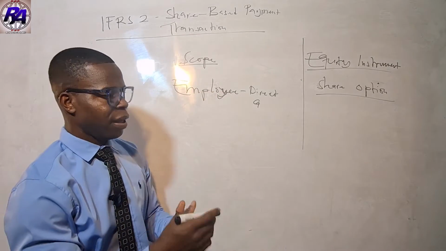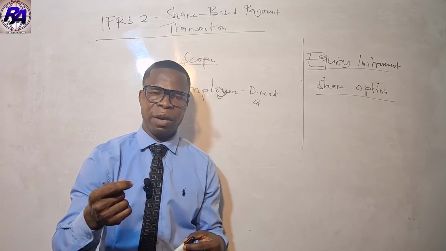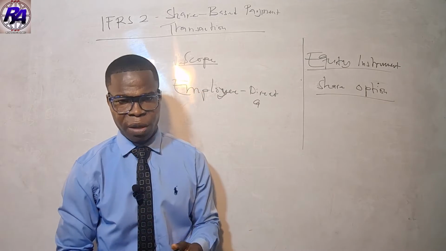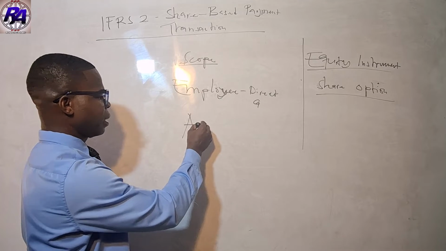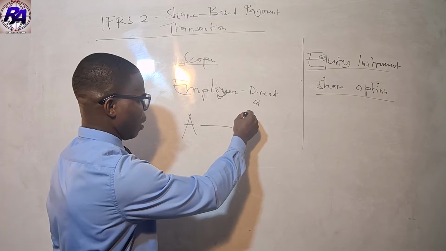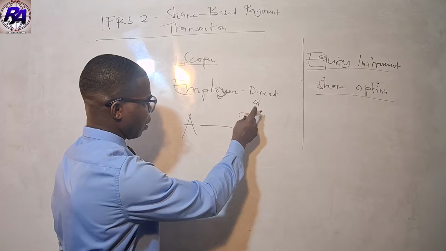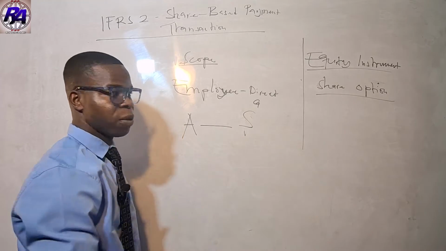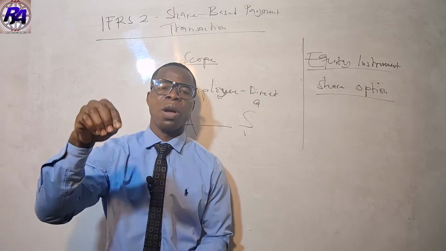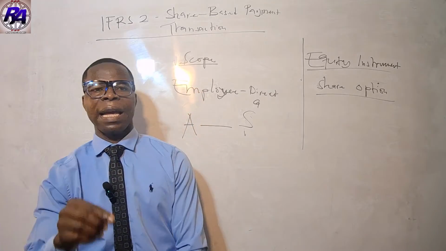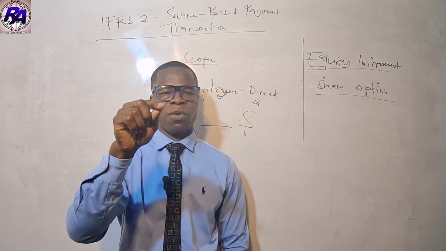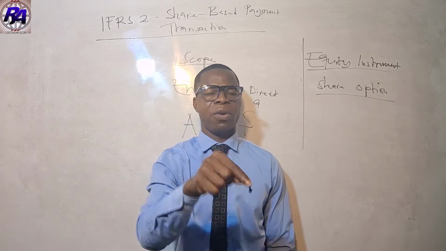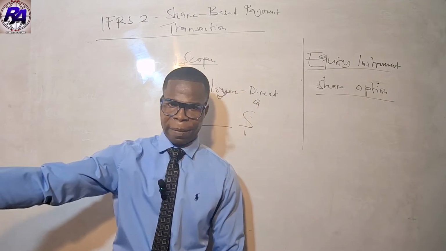In the process of acquisition, which is accounted for under IFRS 3 business combination, an acquirer or a parent entity may acquire an acquiree, let's say a subsidiary, when there is control, or an investee. And we know that there are different approaches by which a parent entity or an acquirer can acquire an acquiree.